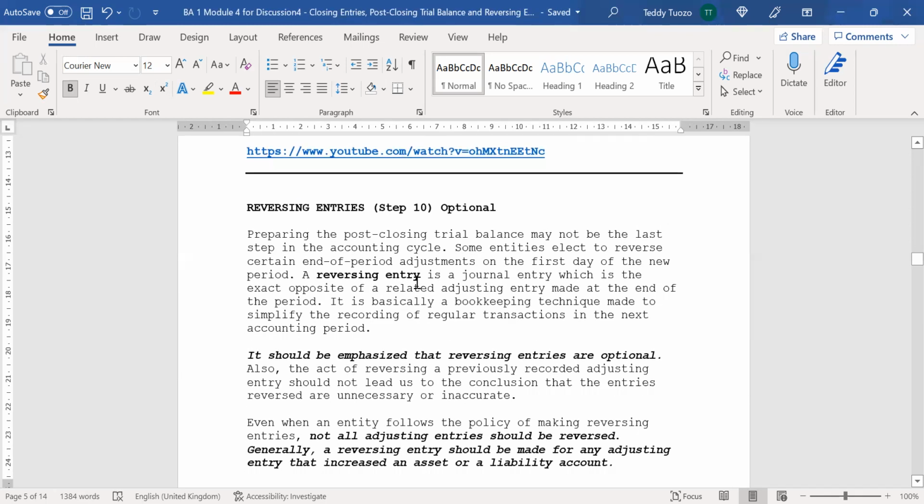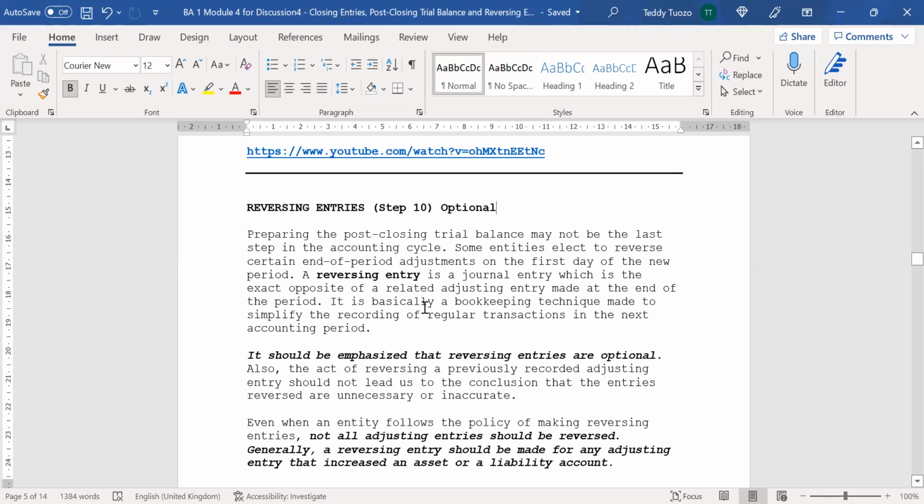So if the adjusting entries are made on December 31, 2021, the reversing entries are recorded or prepared on January 1, 2022, the first day of the next accounting period.